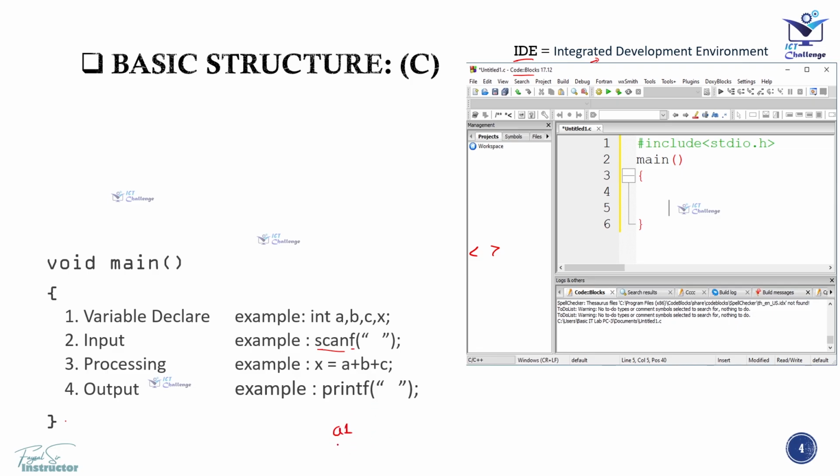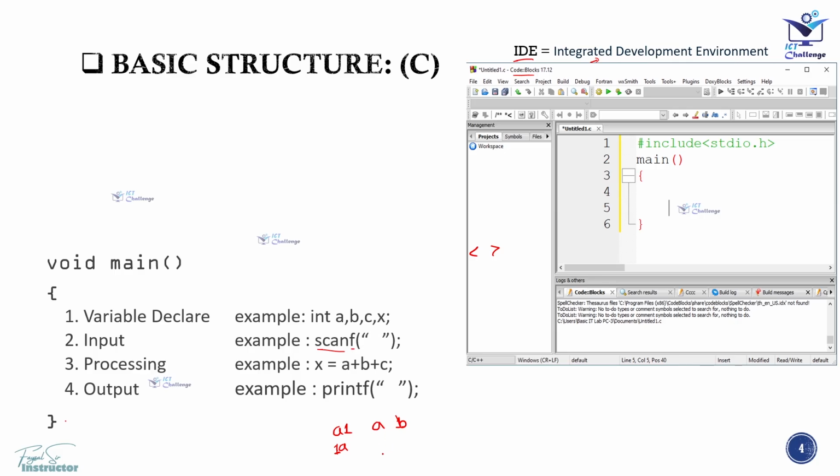Okay, it's allowed, but 1A is not allowed. You can't keep a number at the beginning of the variable name. And you can't write a variable name like A space 1, or A space B, so space is not allowed inside of the variable name. And again the special characters like star or hash or dollar sign are not allowed inside of the variable name.